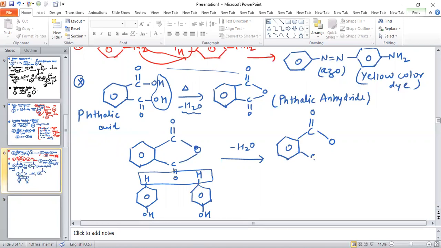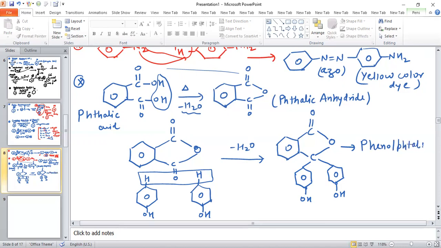This carbon, attached to oxygen, will now attach to phenol also. This carbon is also attached to one more phenol. So basically, the compound formed is known as phenolphthalein.